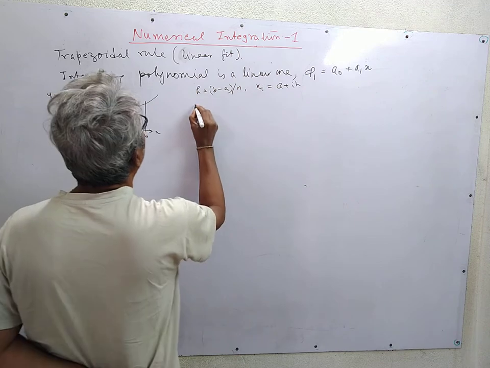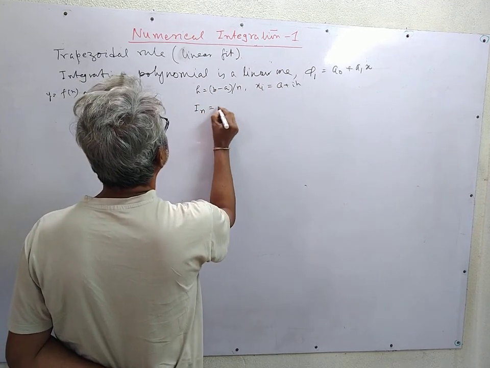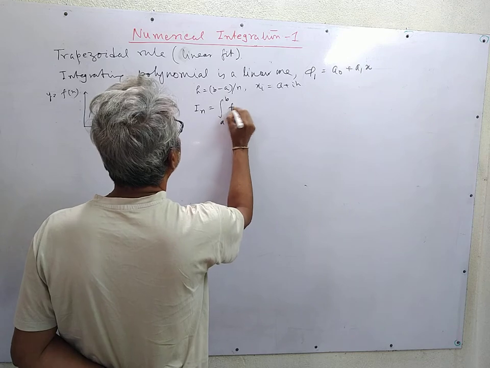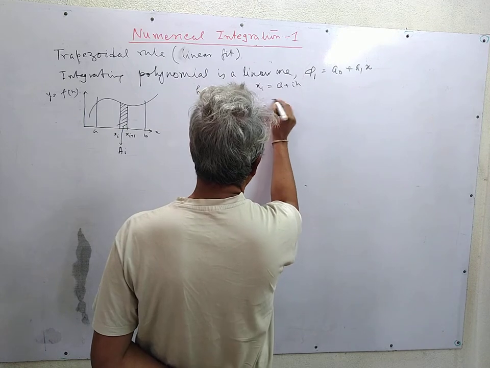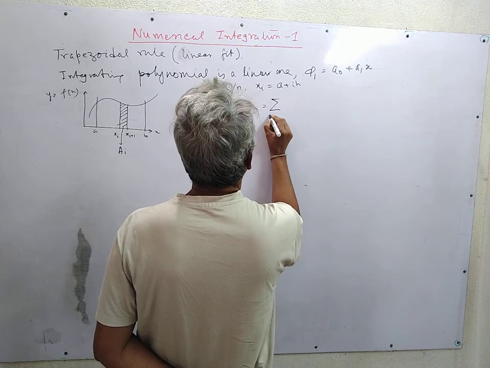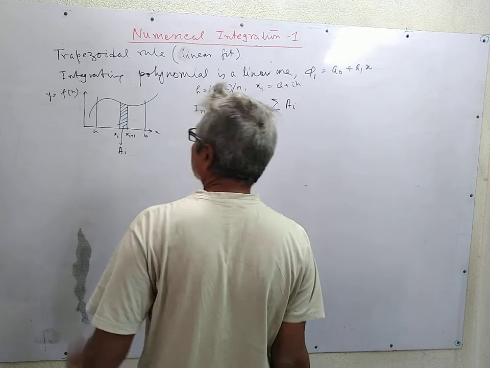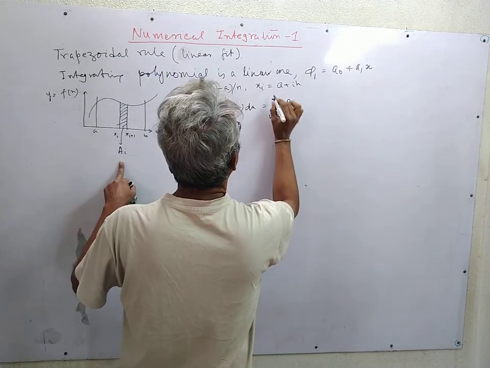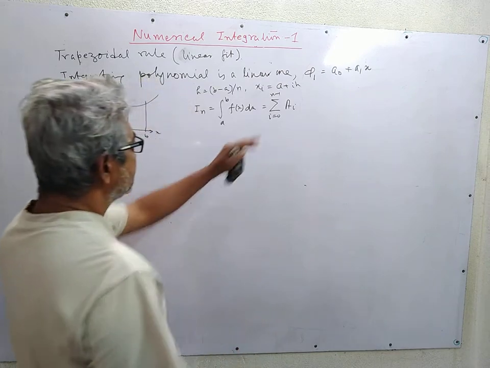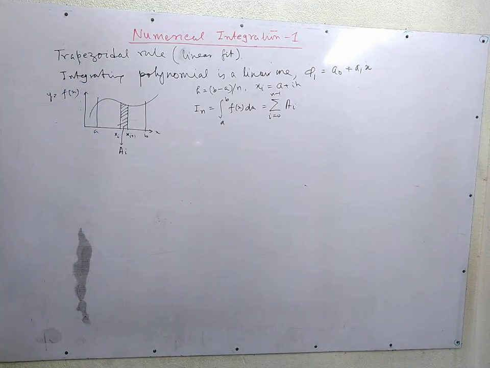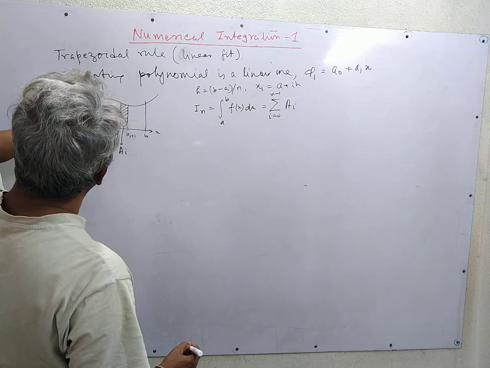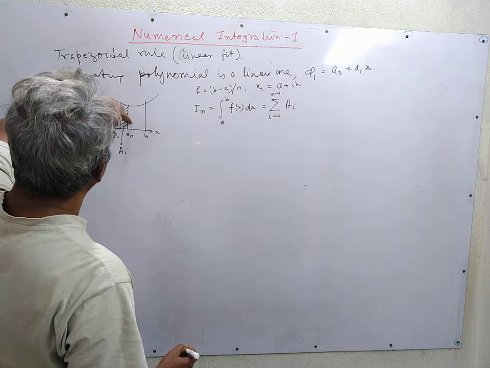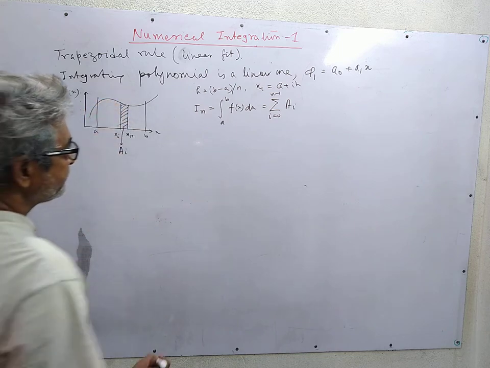Basically, the integration that we are considering, the integral of f(x) dx between these limits, is the area under the curve, the sum of Ai for i equal to 0 to n minus 1. We are approximating this area in the trapezoidal rule, where Ai is the area of the ith strip which has lower boundary xi and upper boundary xi plus 1.